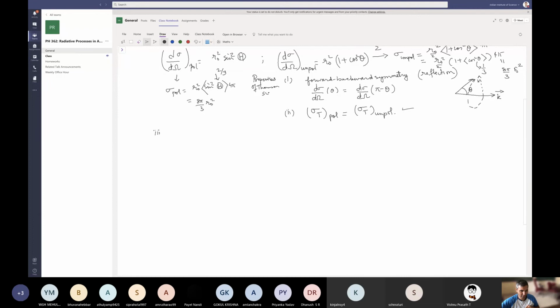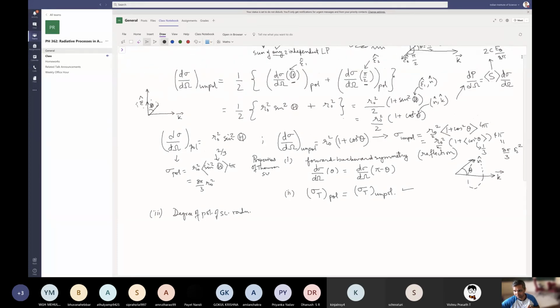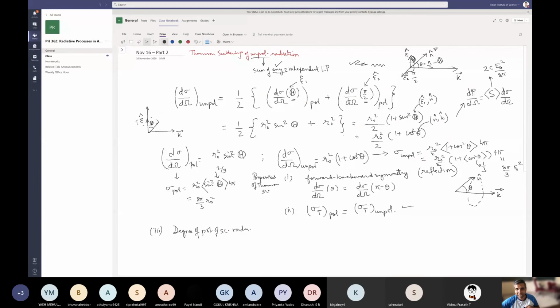What about the third, the degree of polarization of scattered radiation? You see, the incident radiation is unpolarized, but the scattered radiation is not in general, right?